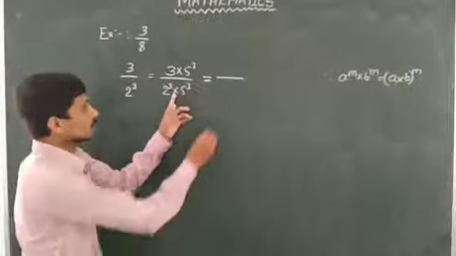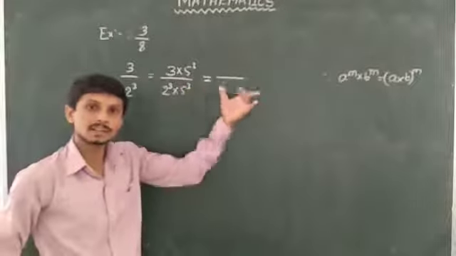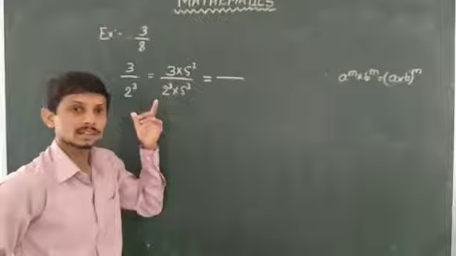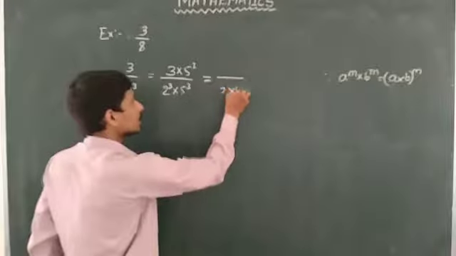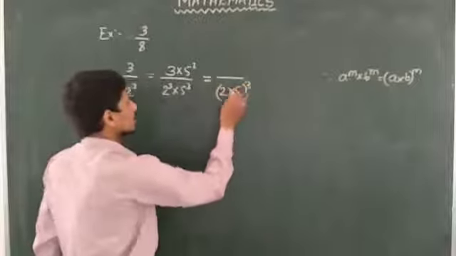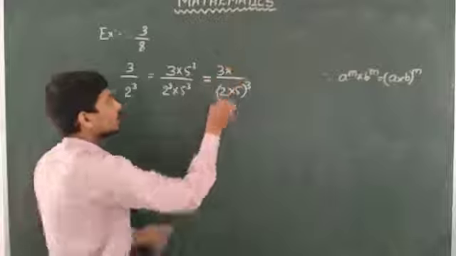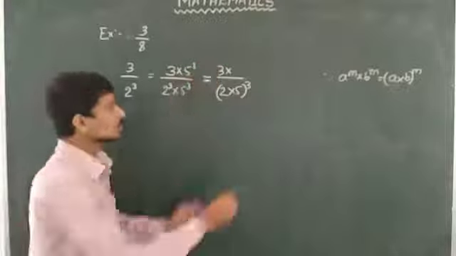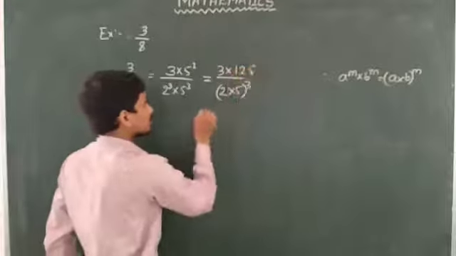So here we have to apply the algebraic identity in the denominator. That means 2 into 5 raised to 3. Here 5 raised to 3 is equal to 125.